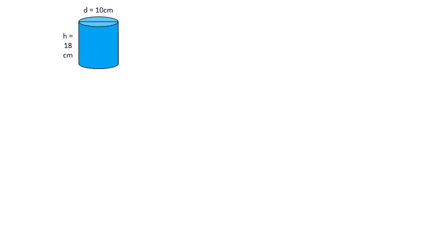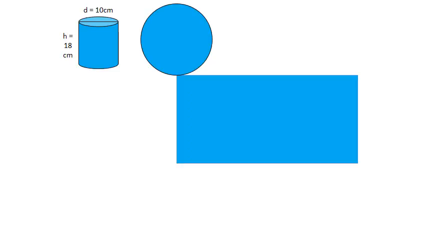If we look at this cylinder right here, it tells us it has a height of 18 centimeters and a diameter of 10 centimeters. Let's think about what its net would look like. So this top circle here would form this circle here. The next part is actually this part here.